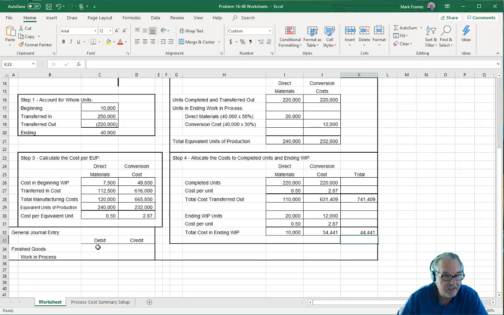And I'm just going to make a real quick fix. Actually, this shouldn't be finished goods. This should be work in process assembly. And this one is work in process cutting.